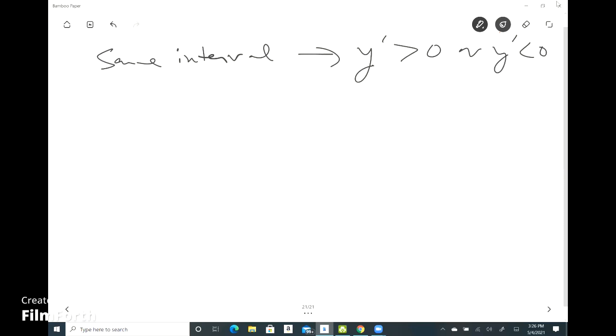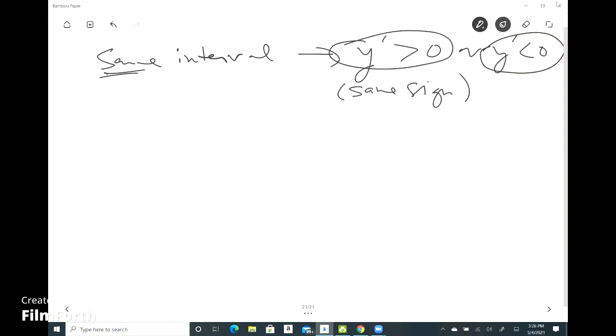So it will be the same sign. If it is positive, it will be positive for the whole interval. If it is negative, it will be negative for the whole interval. So for the same interval, either y prime is positive everywhere or y prime is negative.